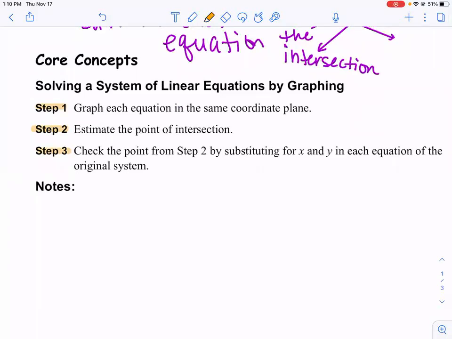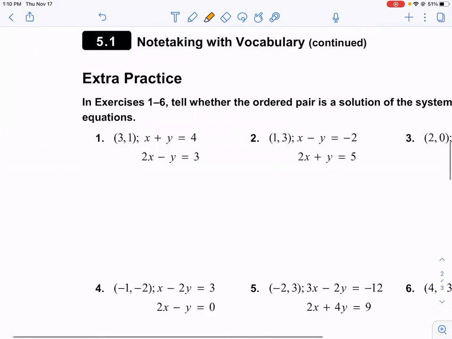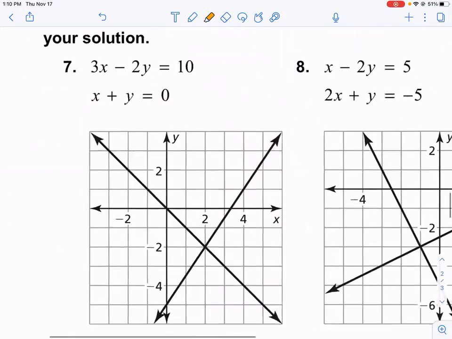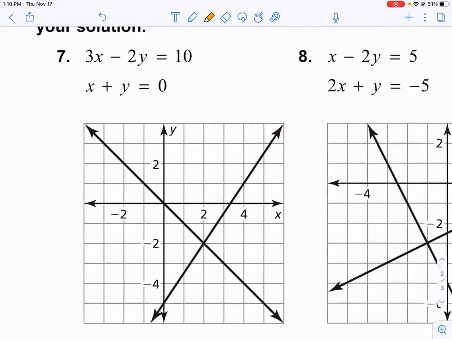Okay. So how about you look over at number 7 on page 135? Well, look at that. They've already graphed it for you, right? That was so nice of them. Okay, where do these two lines intersect?